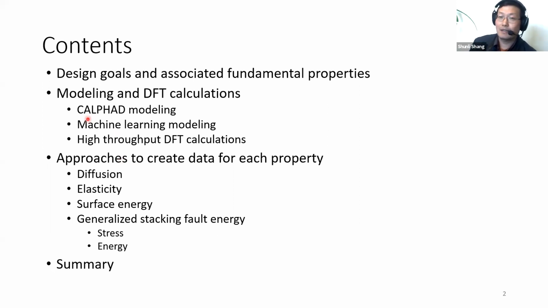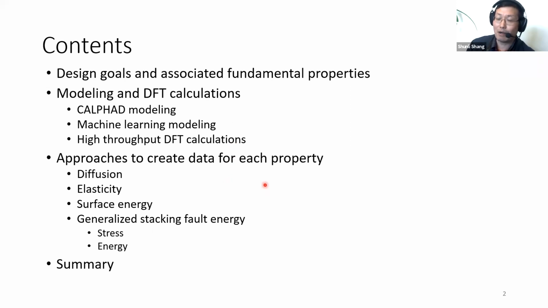Here is today's contents: the design goal of this project, and the associated fundamental properties. Then I talk about the basics of the modeling and the DFT calculations, including majorly three parts: CALPHAD modeling, machine learning modeling, and the high throughput DFT calculations.